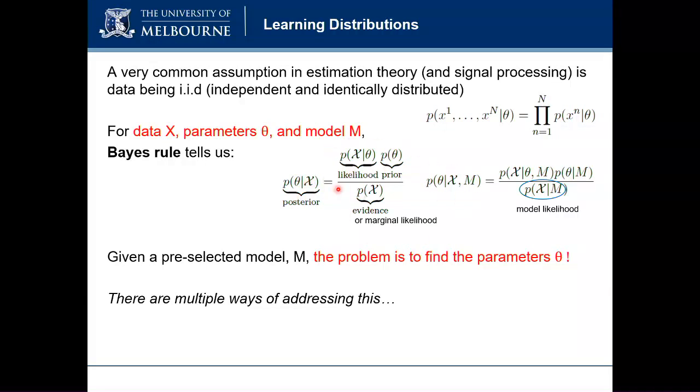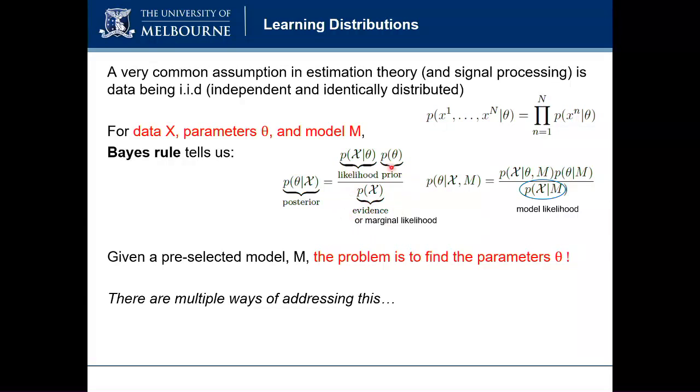I can write it using the Bayes rule as p of x given theta, what's the probability of x given theta, times p of theta, that's the prior, what's the probability of theta being something, divided by the probability of the data itself. Right?